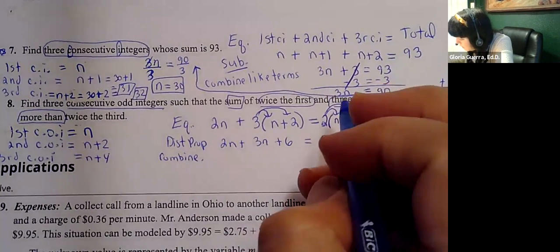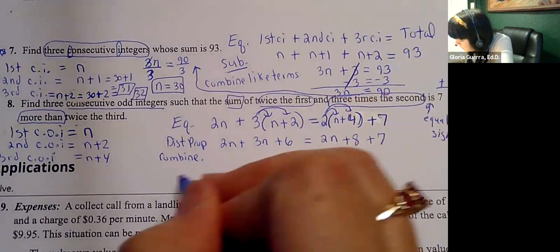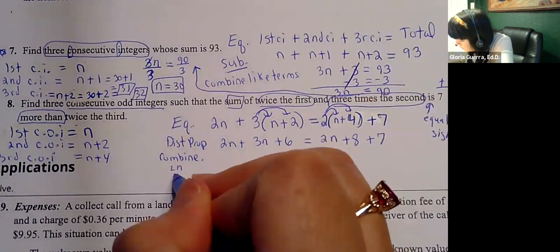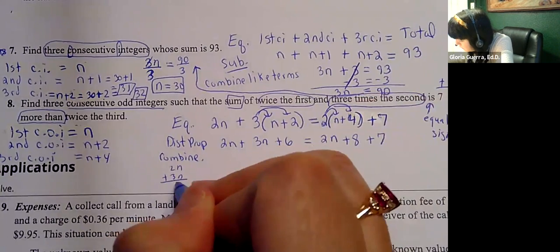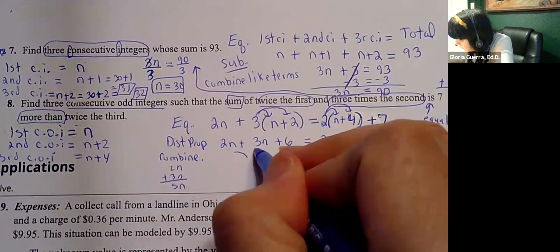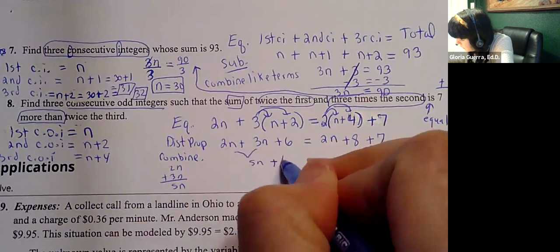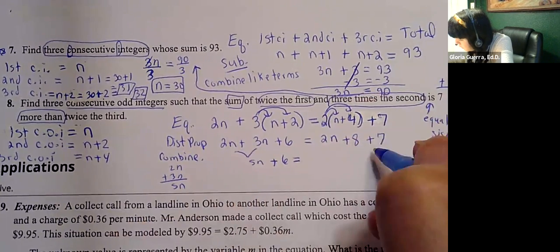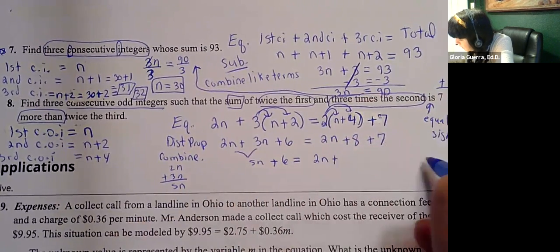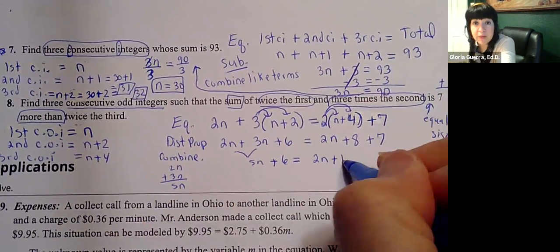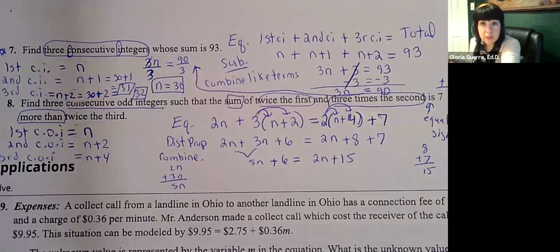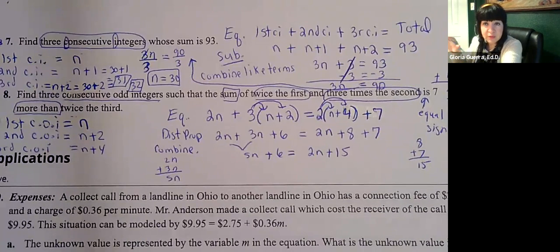So if I add the 2n and the 3n, 2n and 3n is 5n. So this gives me 5n plus 6. Over here, 2n plus 8 and 7 is 15. Now I'm going to start moving things over.